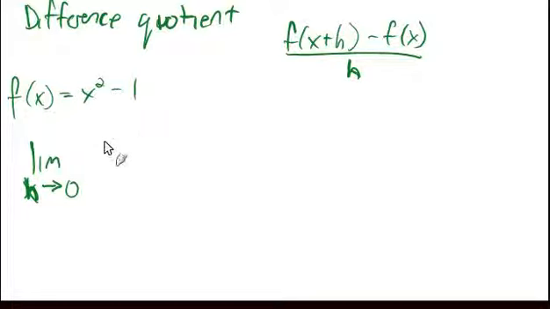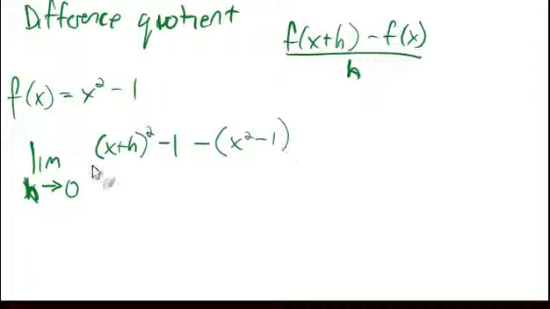So to see what that means, first we're going to do f of x plus h, which means x plus h is going to go into x in f of x. So x plus h gets squared, just like x gets squared, and then we subtract 1, so that's f of x plus h, minus f of x, and f of x is just x squared minus 1, over h.